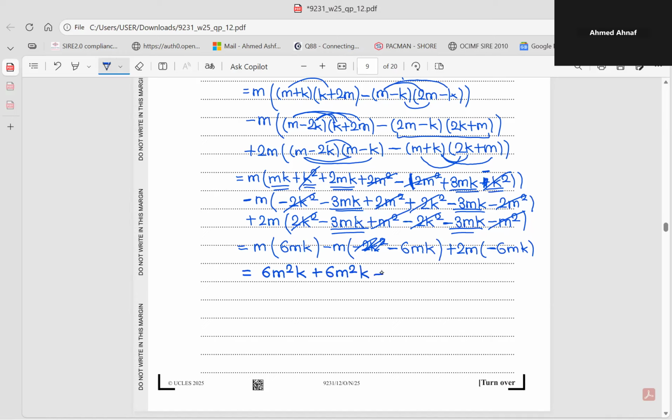Okay, so you have 6m squared k, plus 6m squared k, minus 12m squared k. So this is equal to 0. So we just proved that the determinant is 0, so we can write that since the determinant of ABC is equal to 0, ABC is singular.